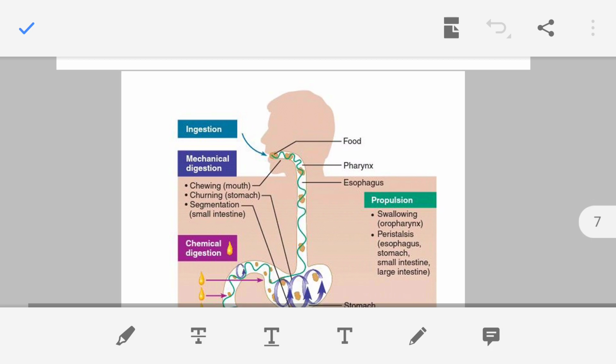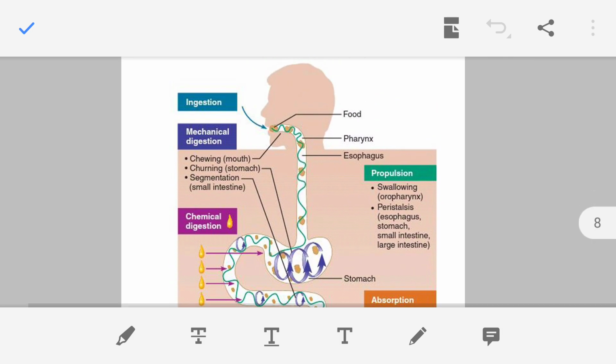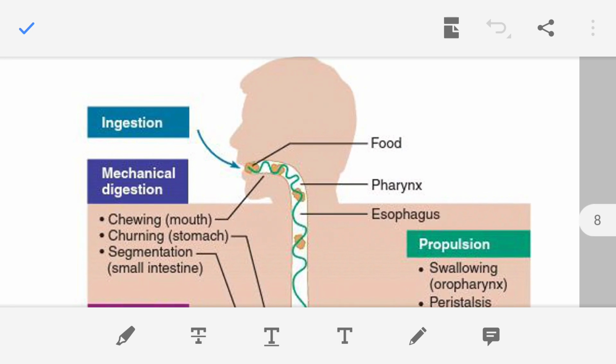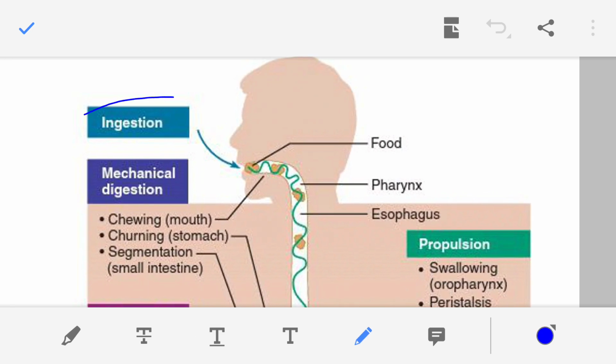Now here, this is also a very good concept map. For example, ingestion. Whatever food or liquid we take, for example the sarbats and the lassis, which are made from the curd, all this is food material.